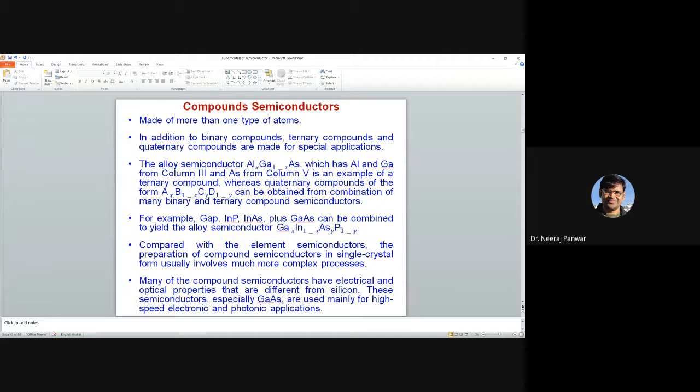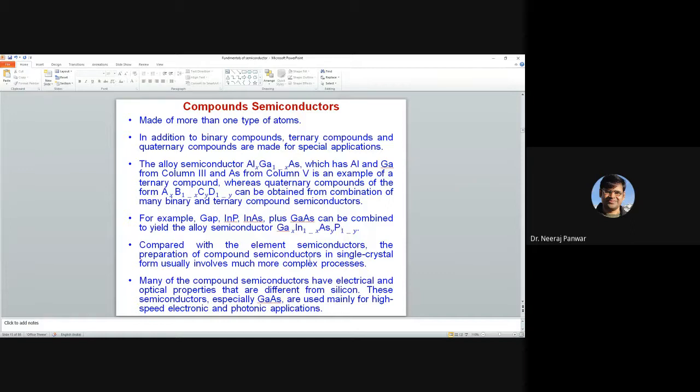We will sometime discuss homojunction and heterojunction devices. In case of optoelectronic devices, the heterojunction devices are more useful because they are more efficient in comparison to the homojunction devices. Heterojunction means that across the device we will have different band gaps in different regions.